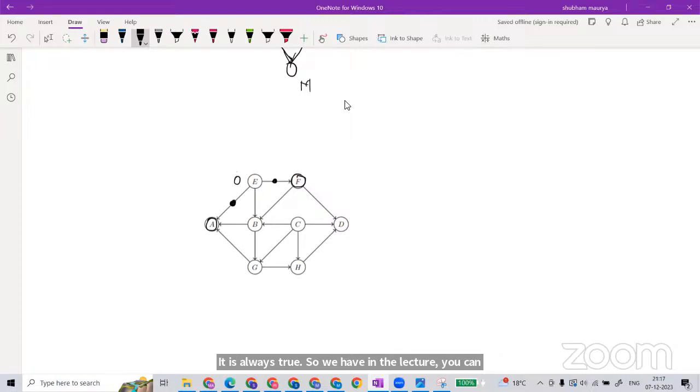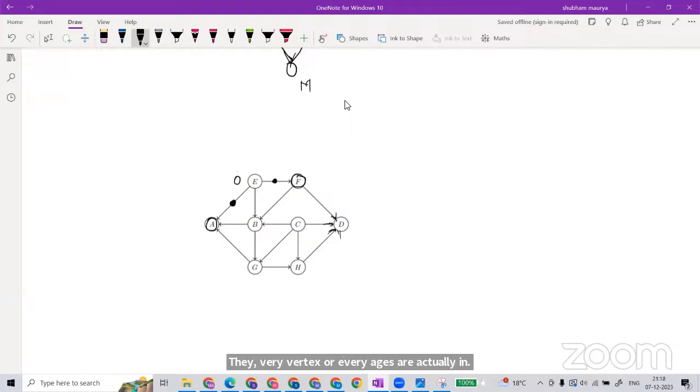But this is one property of a DAG, that there should be a vertex where the in degree is 0, and there will be a vertex where the out degree is 0. Like for the vertex D, every edge is an incoming edge.